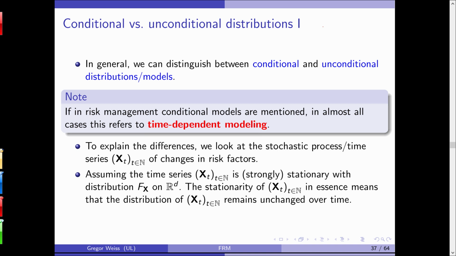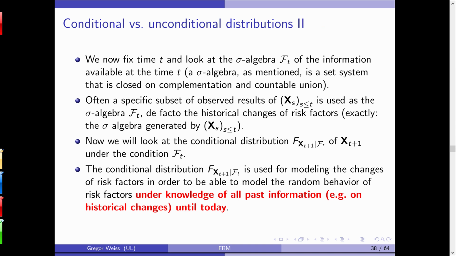Okay. Now, in general, we can distinguish between conditional and unconditional models. I've already talked about this. Every time you see a random variable x or L with no subscript, you know that this is an unconditional model. Every time you see xt or Lt, you know that this is a conditional one, and it simply means that you are using a conditional model that incorporates the available information up until point t.